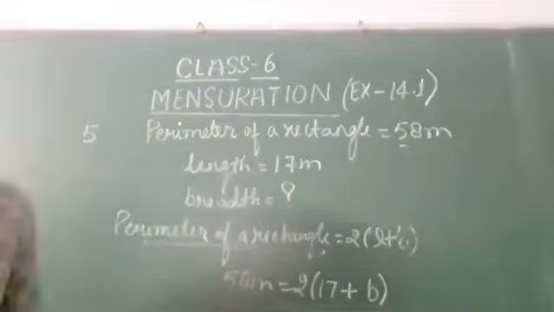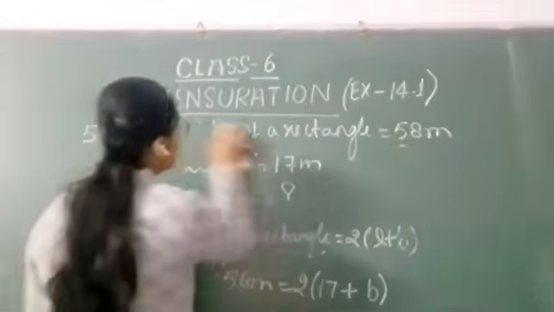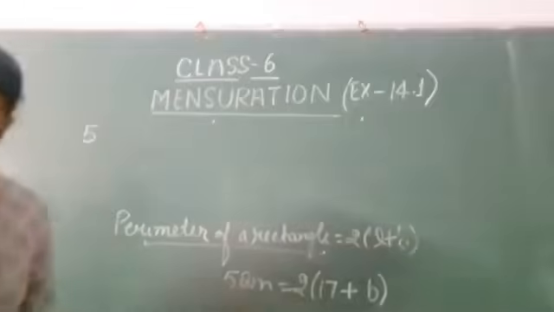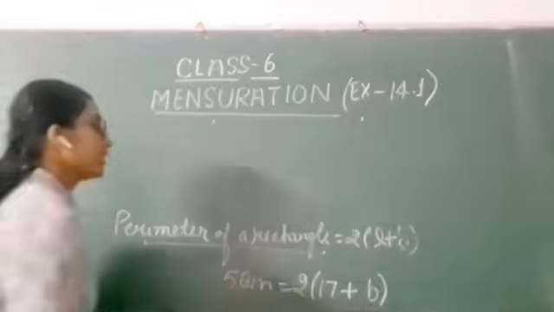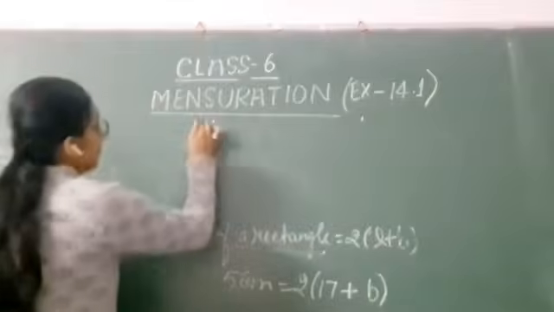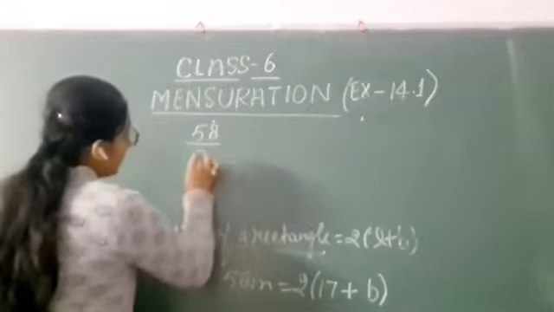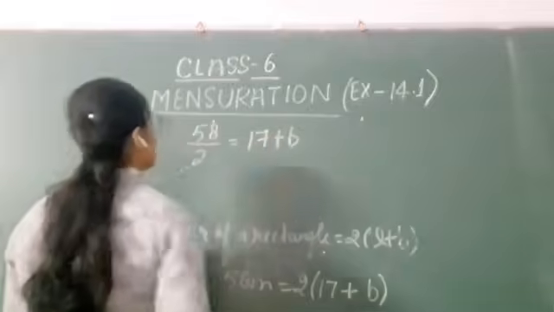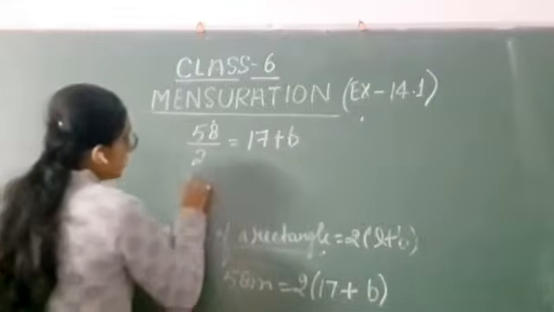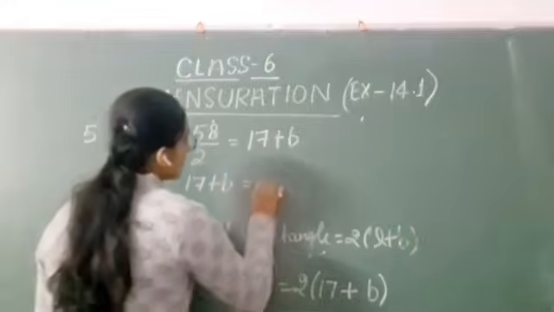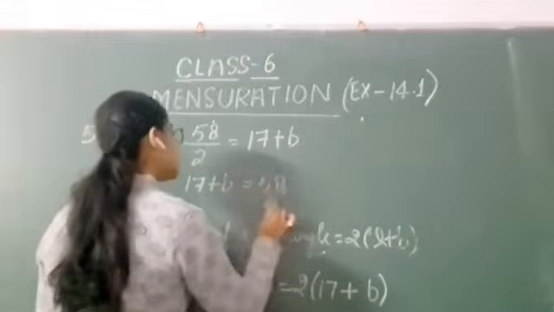Now 58 is equal to 2 into length 17 plus breadth. You can divide it by 2. Let us change the position. 17 plus breadth is equal to 58 by 2.